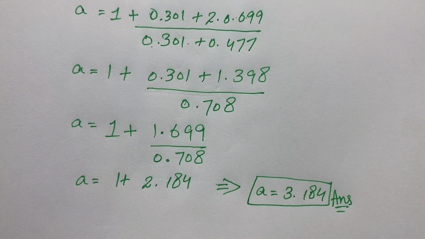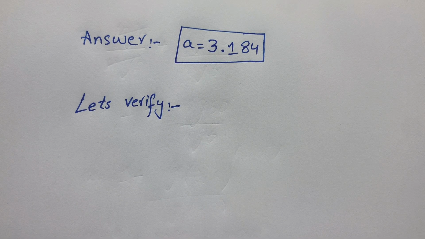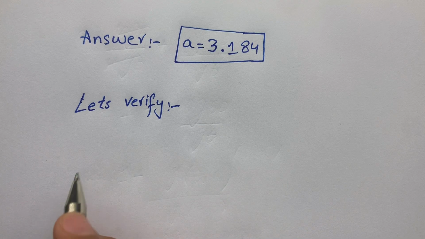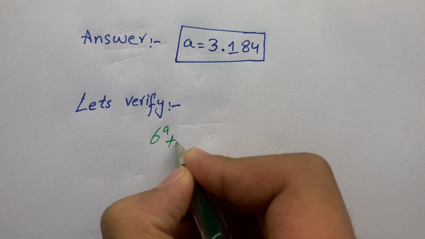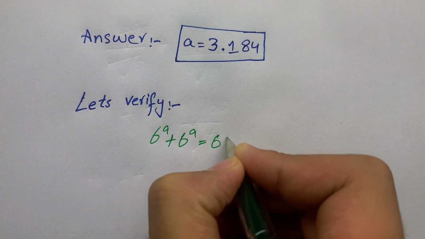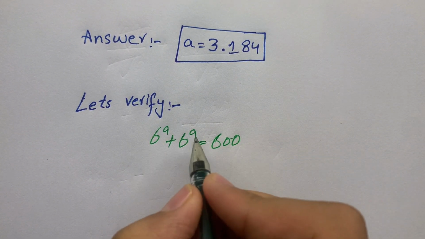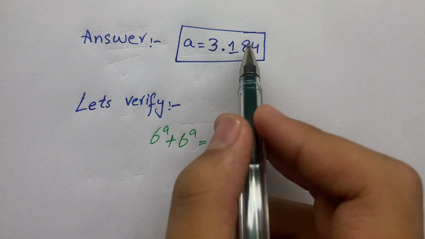Now we are checking and verifying this. 6^a + 6^a = 600 is our question. We are finding the value of a. Our value of a is 3.184.